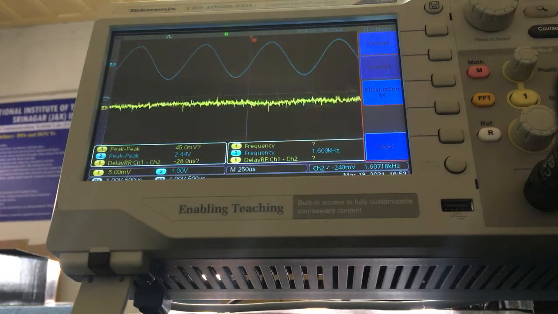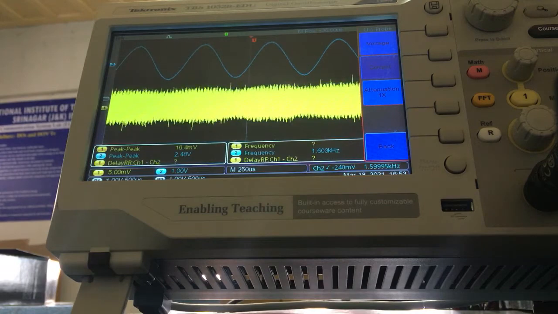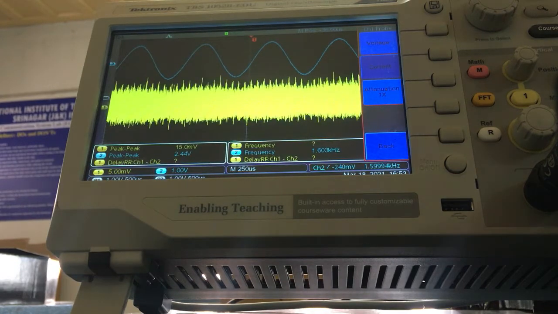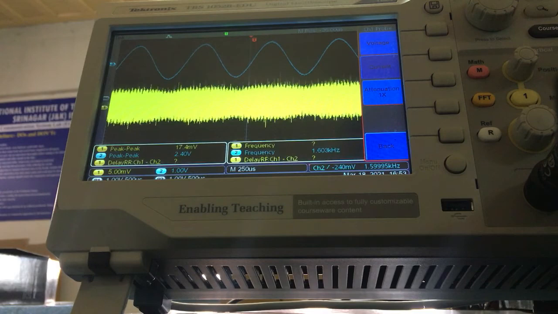And the output of the mixer is this waveform, which is amplified a bit, but the unwanted frequencies have been considerably removed.